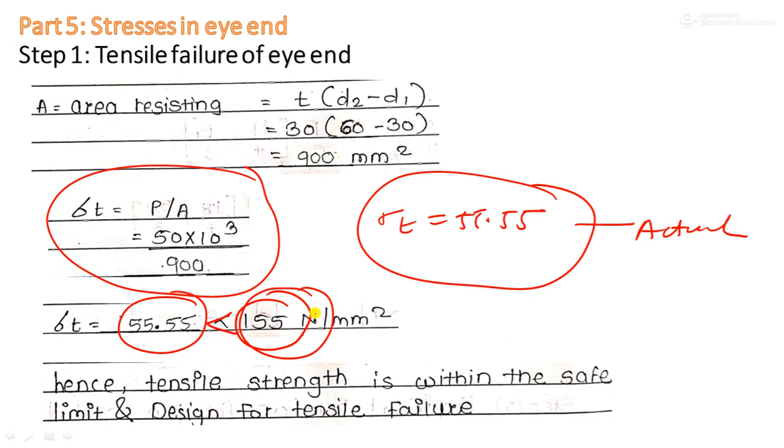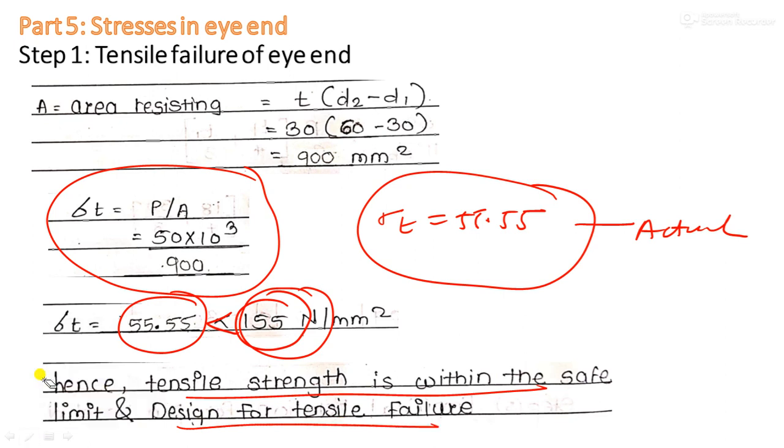Permitted. So if the actual stress created in the eye end is less than the allowable stress, you can say that sigma t, which is actual, is less than 155. You can say that the tensile stress is within the safe limit and the design for tensile failure is safe.